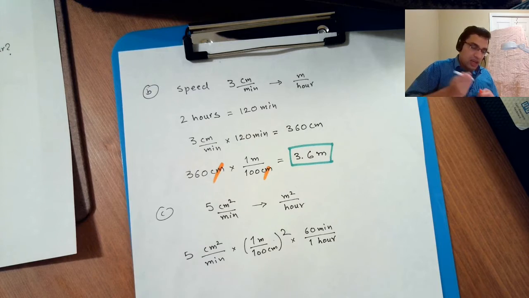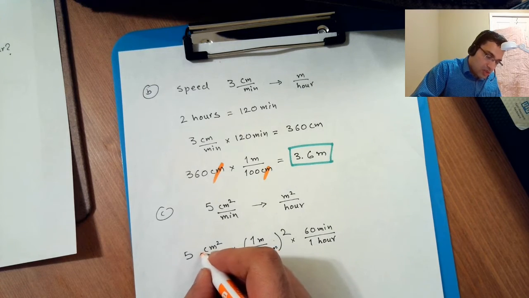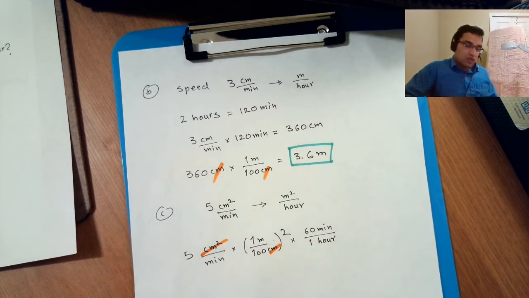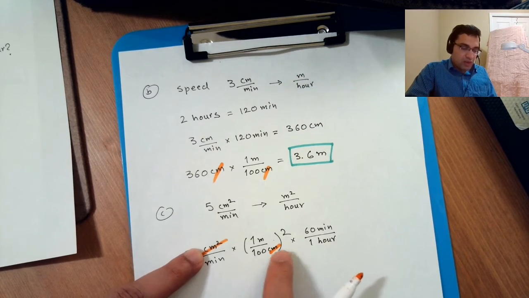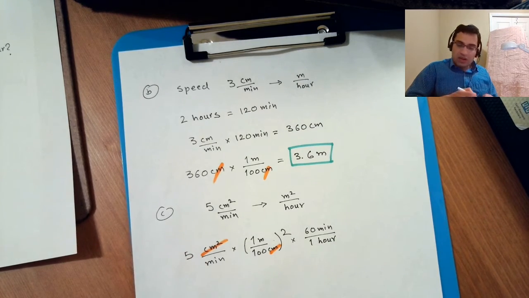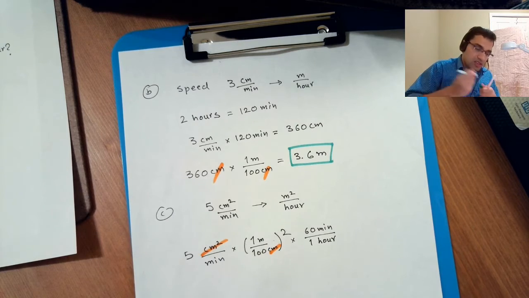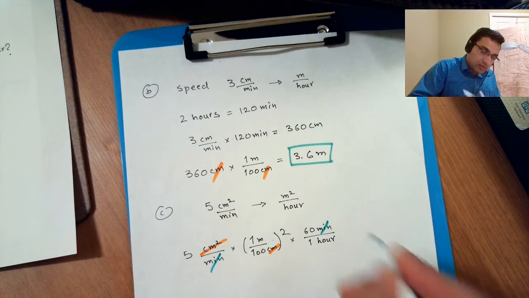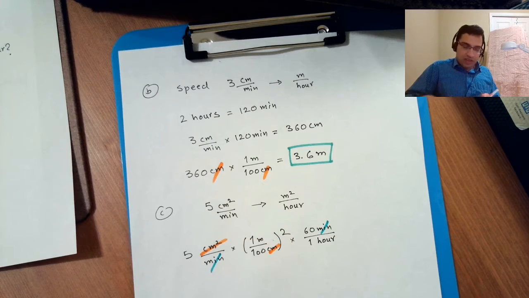So let me show you again. So this centimeter square goes numerator and denominator, centimeter here, and it's square. And then the next one is this minute goes here.